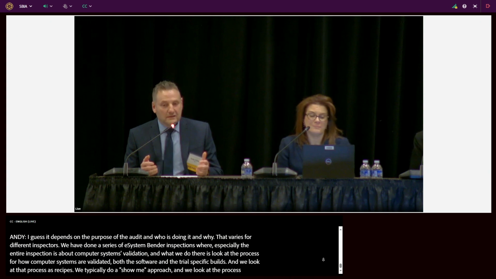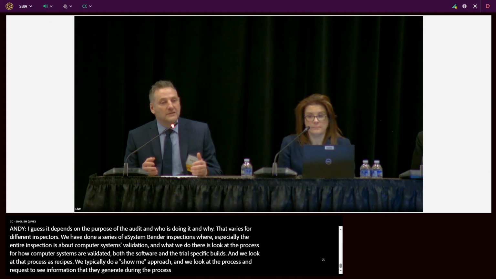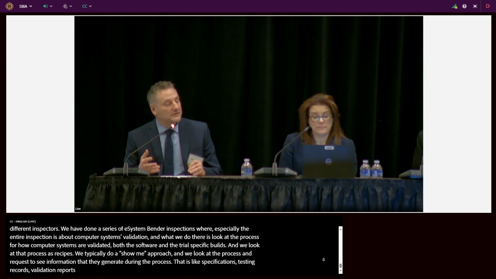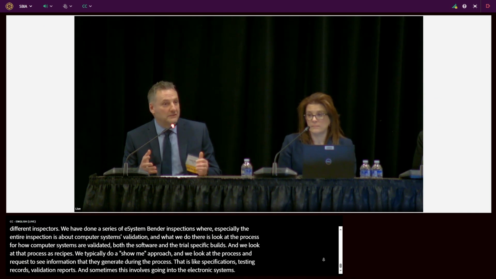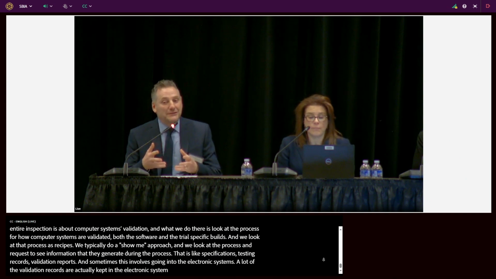So that's specifications, testing records, validation reports. And sometimes this involves going into electronic systems because a lot of the validation records are kept in electronic systems such as JIRA, to name one. There are others available, of course. And so we do look in those systems as well.